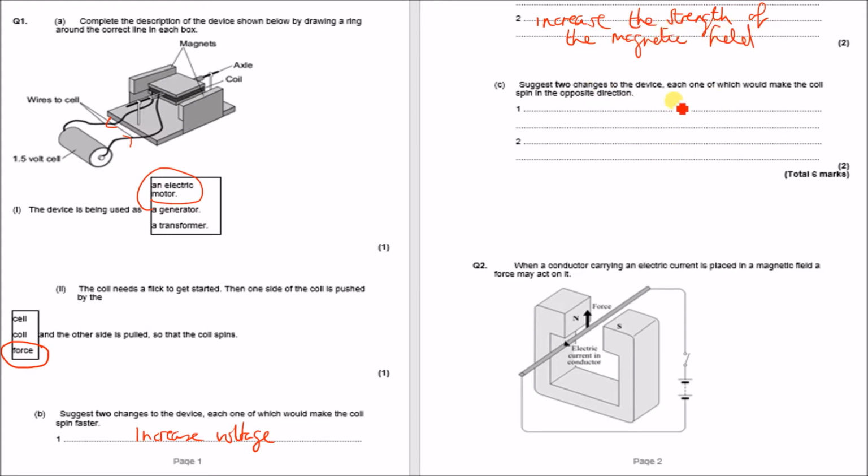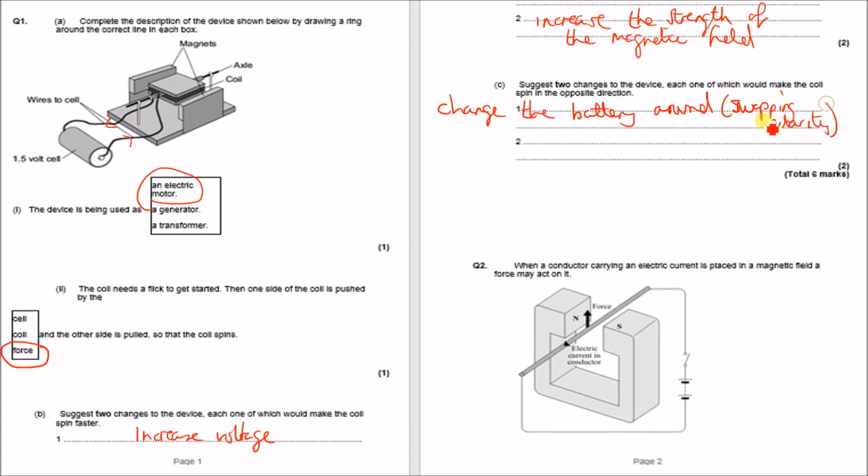Suggest two changes to the device which would make the coil spin in the opposite direction. Well, we know if this is a positive and negative, then we can change the battery around. So we are swapping the polarity.